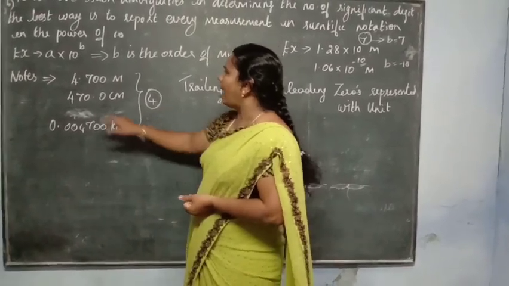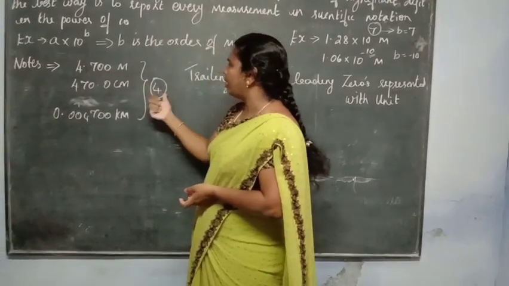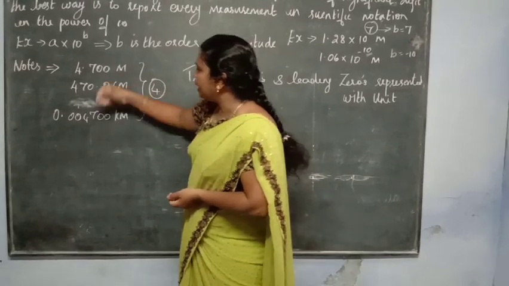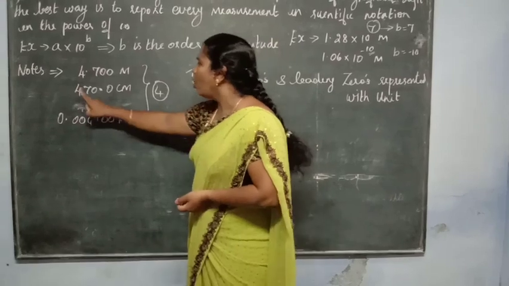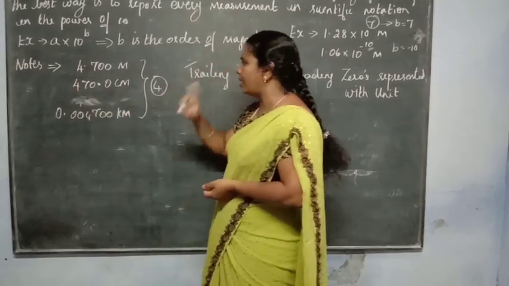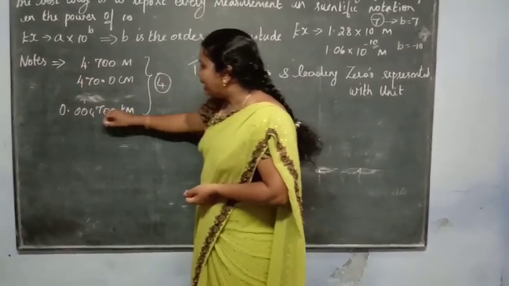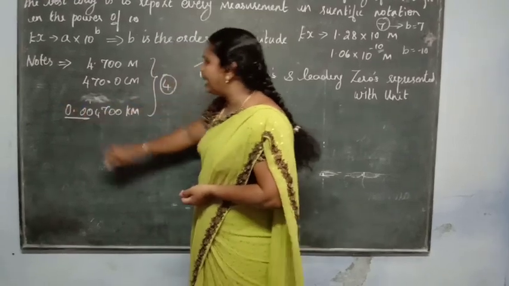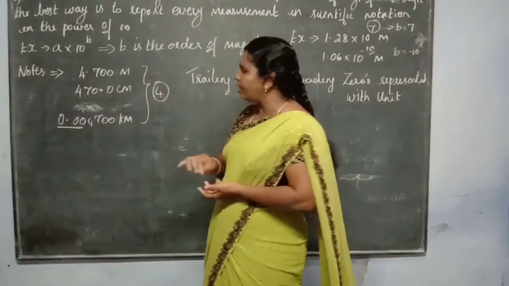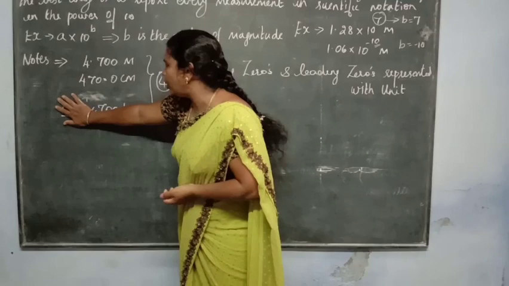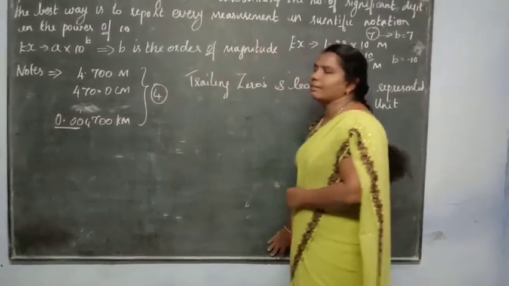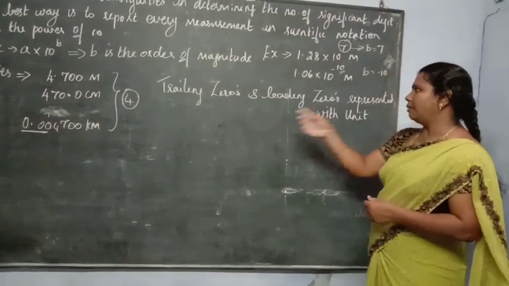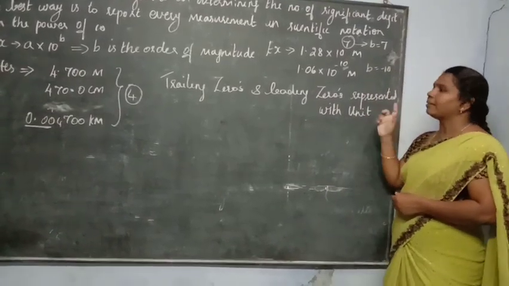Here you can count the values 1, 2, 3, 4. Therefore the significant digits are 4. Here the trailing zeros are followed by a decimal and units, so they are significant: 1, 2, 3, 4. Leading zeros are not significant, so you don't bother about the zero values. Just count 1, 2, 3, 4. Therefore the number of significant digits here is 4.